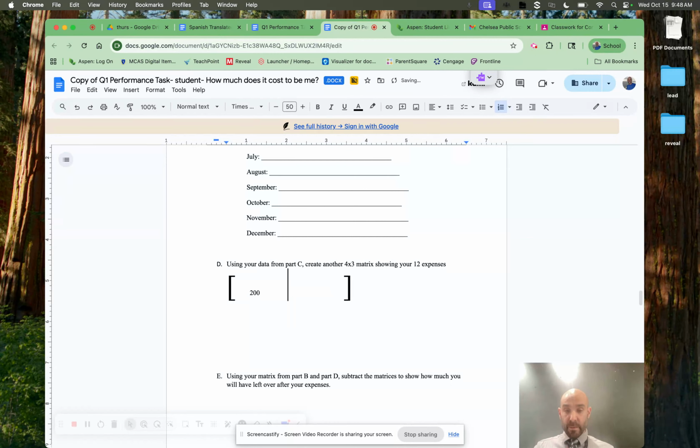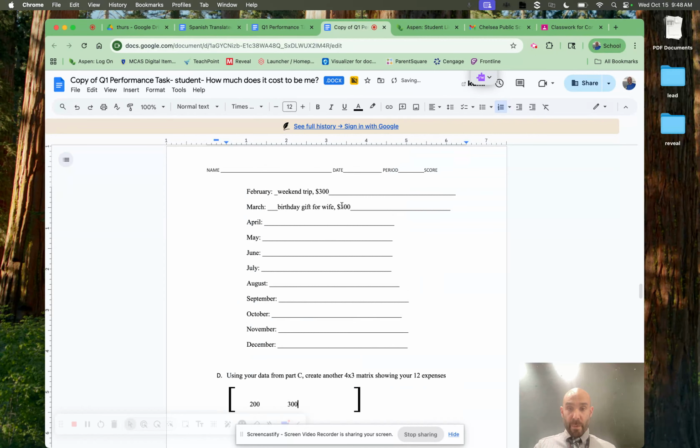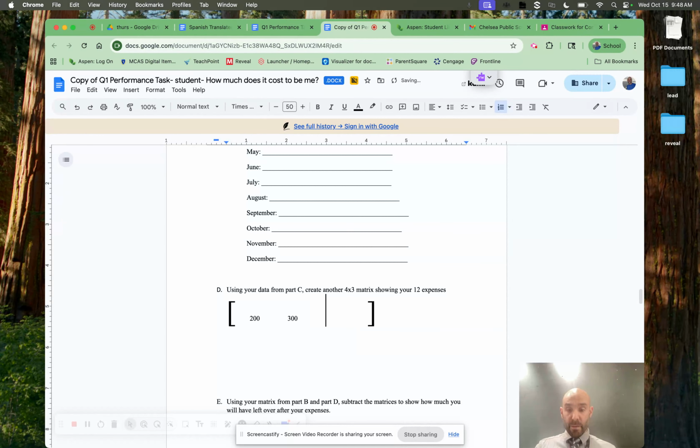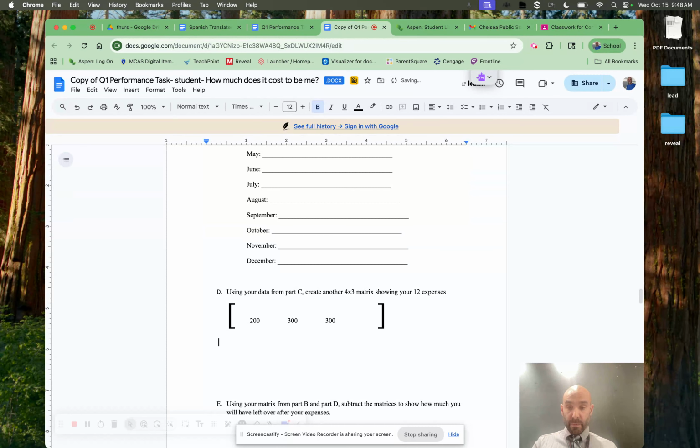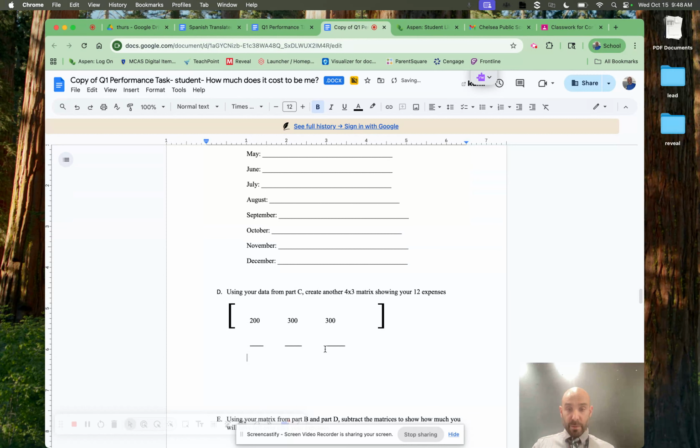My fourth number 300, and I'm going to do that basically 12 times. I'm going to put another number here, another number here, another number here. So I get 12 of them.